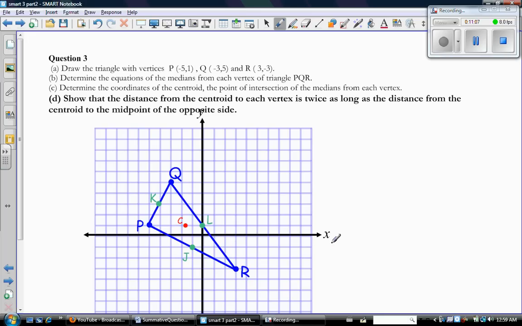We have to do part D. It says show that the distance from the centroid to each vertex is twice as long as the distance from the centroid to the midpoint of the opposite side.